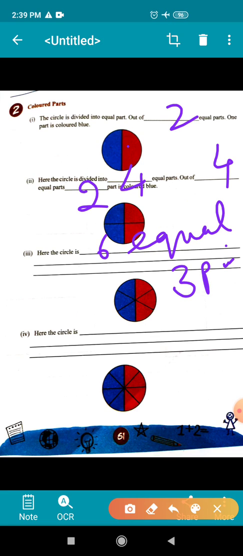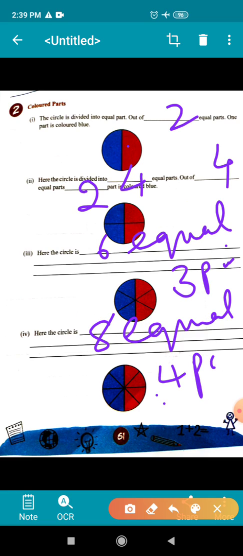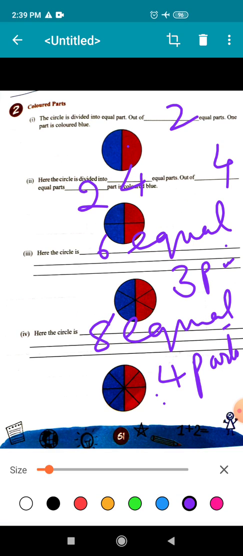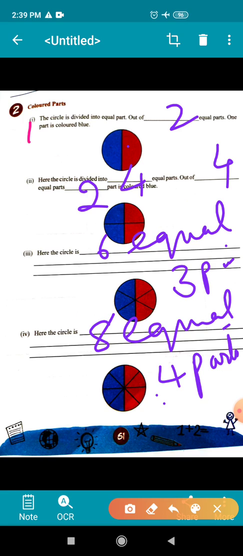blue. In the last circle, the circle is divided in 8 equal parts, and out of 8 equal parts, 4 parts are blue. So you can write a fraction for each figure. Here what fraction will be? For the first figure, that is 1 by 2. Here 2 by 4.